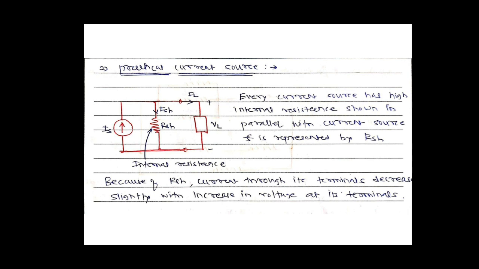Once again, an ideal current source gives a constant current at its terminal irrespective of the voltage appearing at its terminal, and in a practical current source, every current source has a resistance connected in parallel, and because of this resistance the current decreases slightly with increase in voltage. Okay.